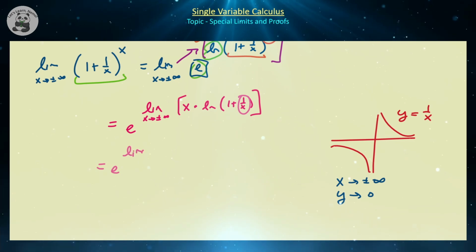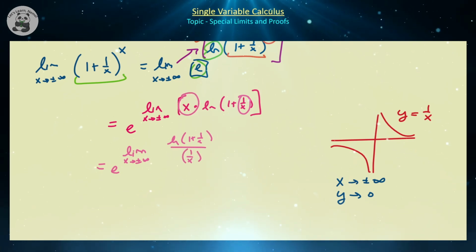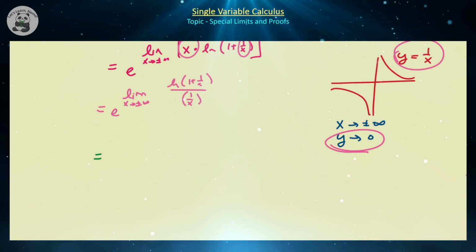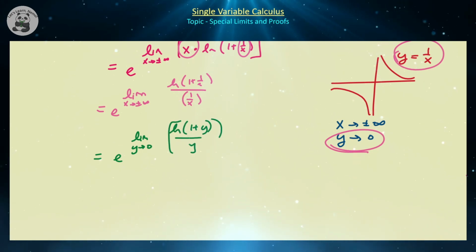So I'm going to have the limit as x approaches plus or minus infinity of the natural log of 1 plus 1 over x, all divided by 1 over x. I'm reciprocating that linear term x that's in the front. So now I'm going to change this into terms of y and change my limit value. So this is going to be equal to e to the limit as y approaches 0 of the natural log of 1 plus y divided by y.